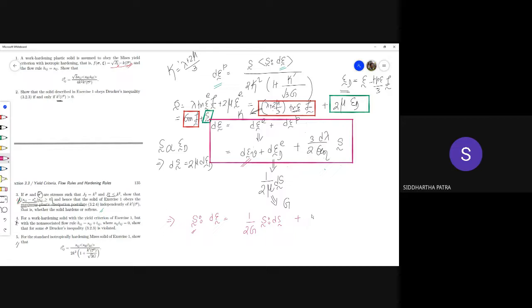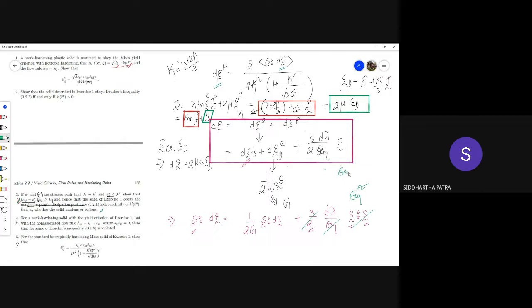Then 3 by 2 d lambda sigma equivalent S inner product S. Now this 3 by 2 S inner product S is sigma equivalent squared, and when you divide, you have this expression d lambda times sigma equivalent.